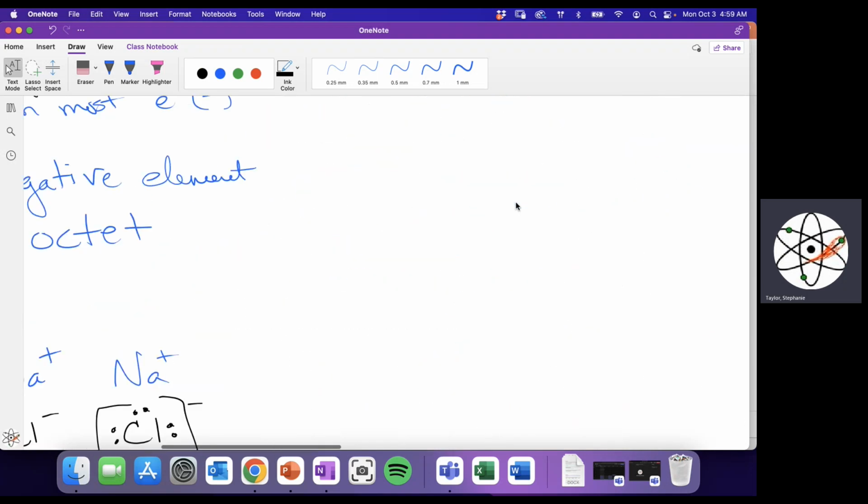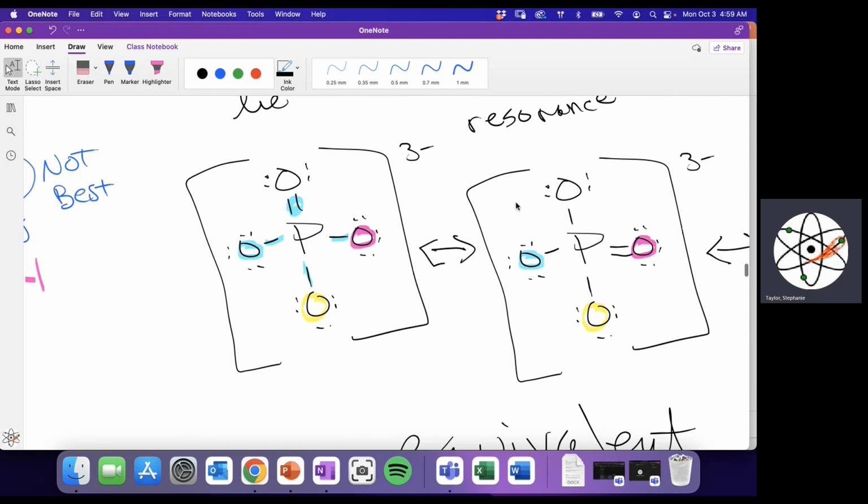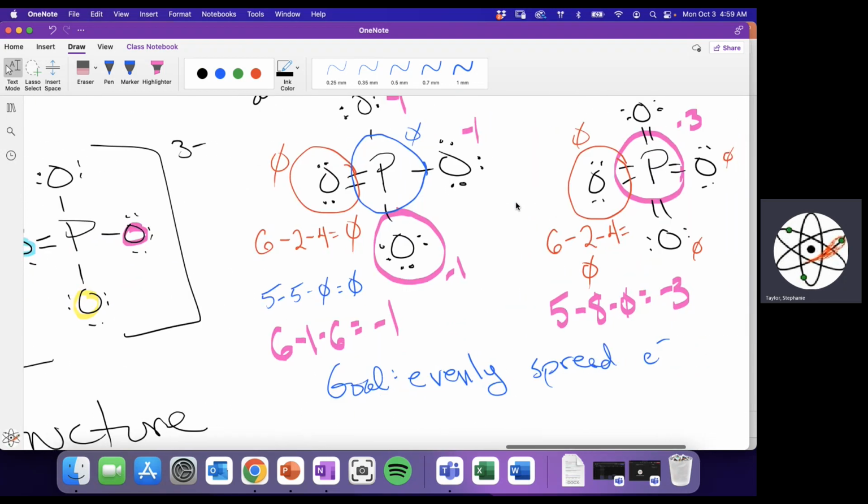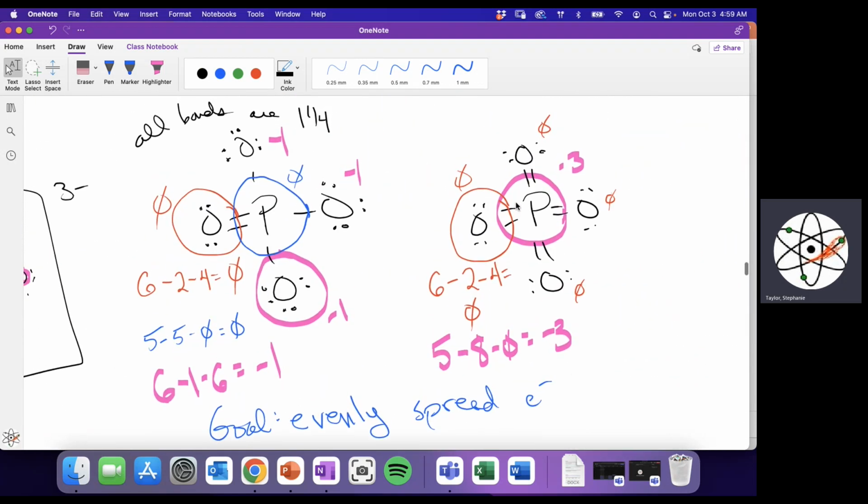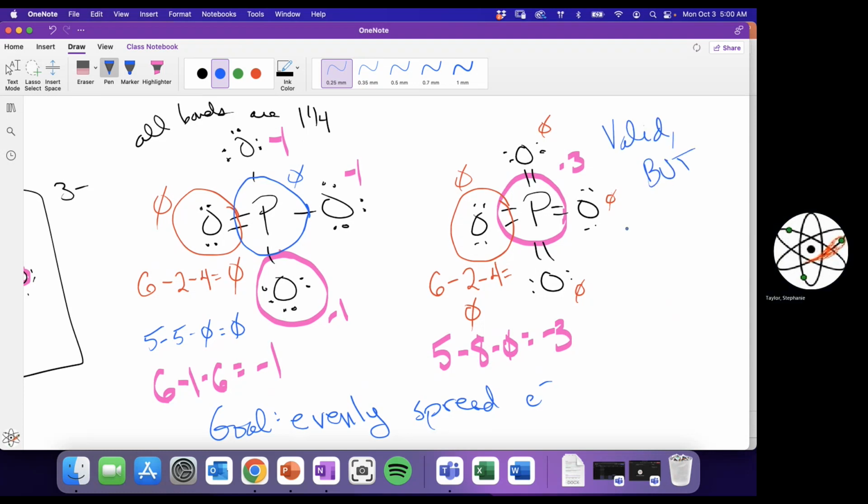So when we're doing these various Lewis structures, while I know they're two-dimensional and trying to deal with things like resonance, this is not always the best way. We are trying to demonstrate everything that we can, and can accurately, in this diagram. And so this new one is less likely for various reasons. So this one over here on the right is valid, but not best.